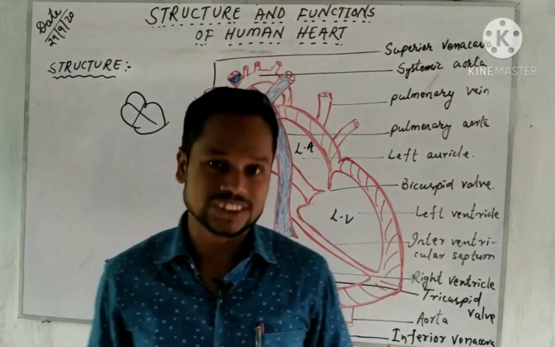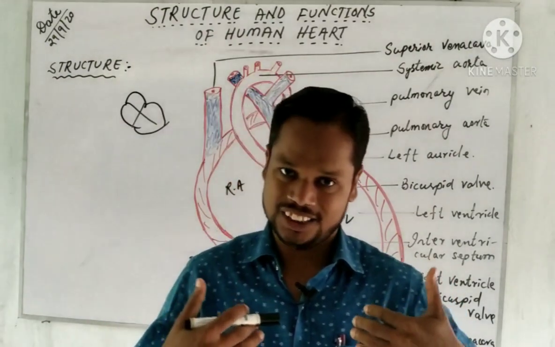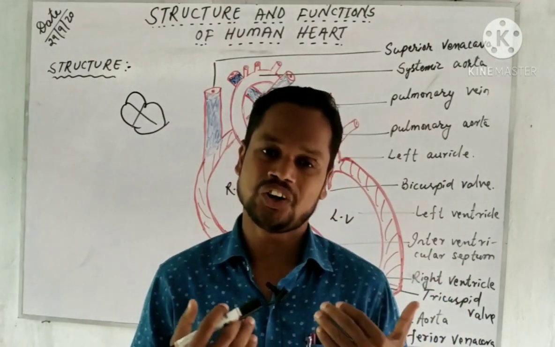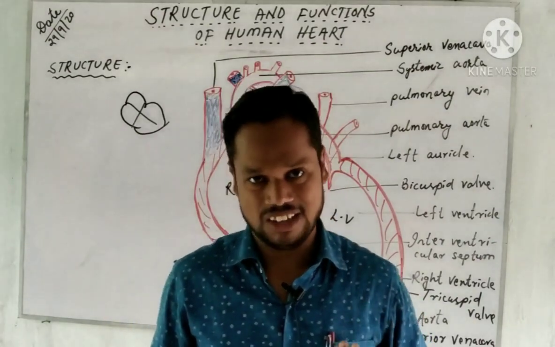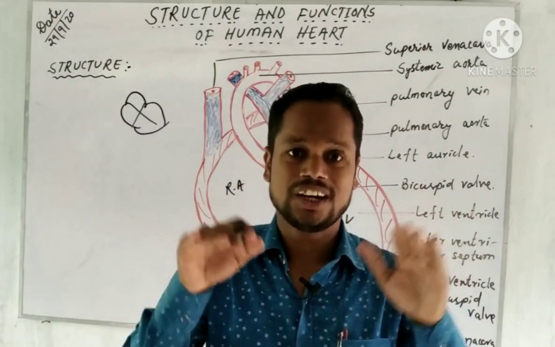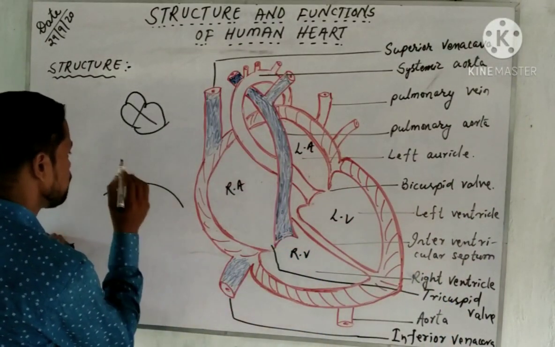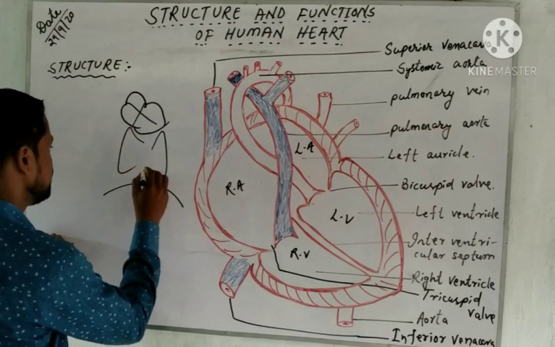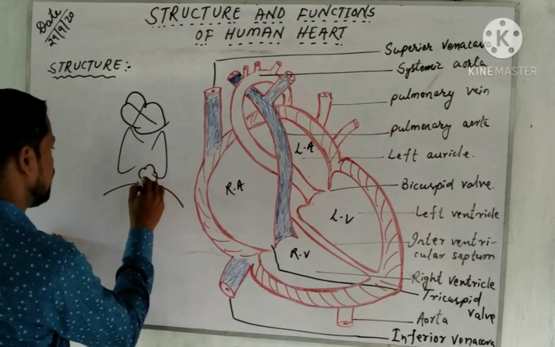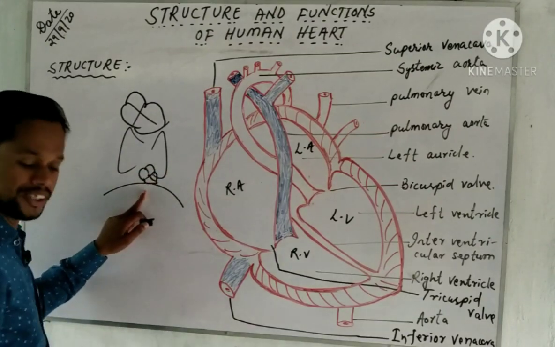Coming to the position, the heart is present inside the chest cavity or thoracic cavity, slightly towards the left, just above the diaphragm. Suppose this is the diaphragm and the two lungs are present in the chest cavity like this. Here you will find the heart resting on the diaphragm.